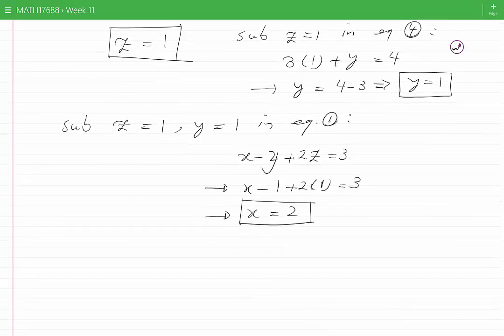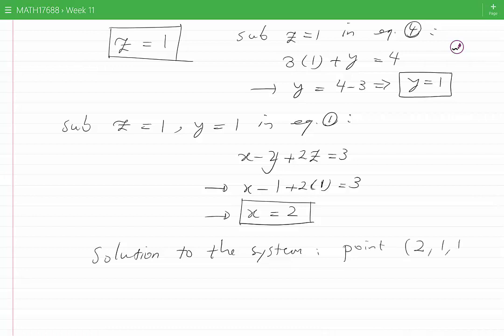Therefore, the solution to the system of equations is the point (2, 1, 1).